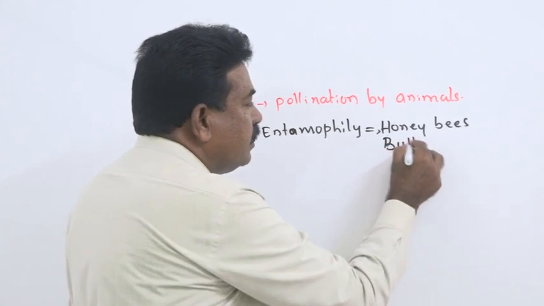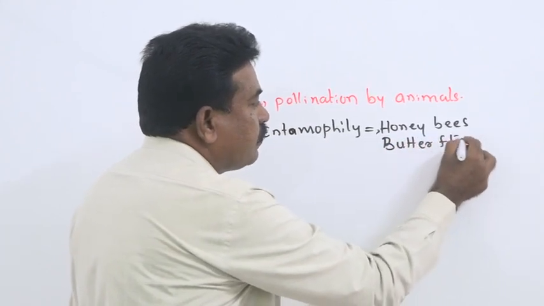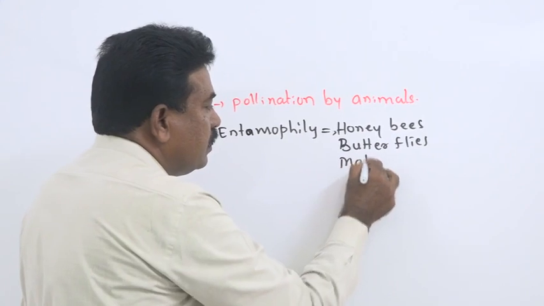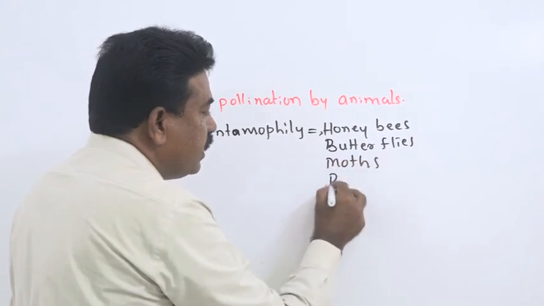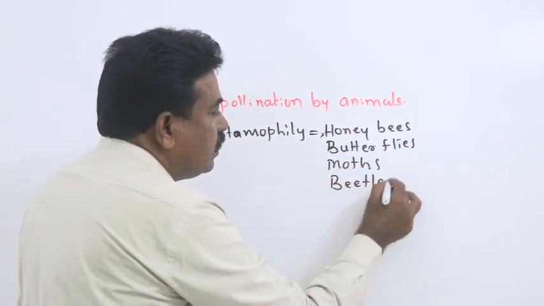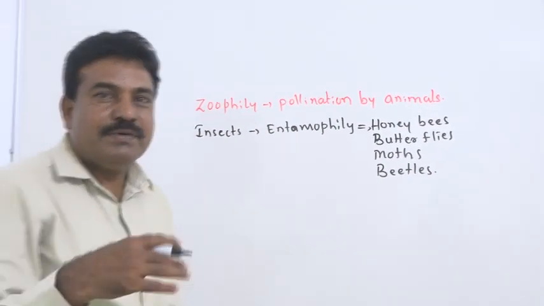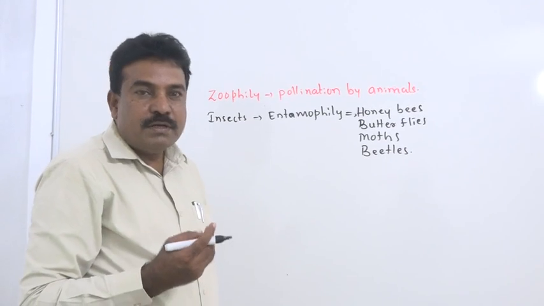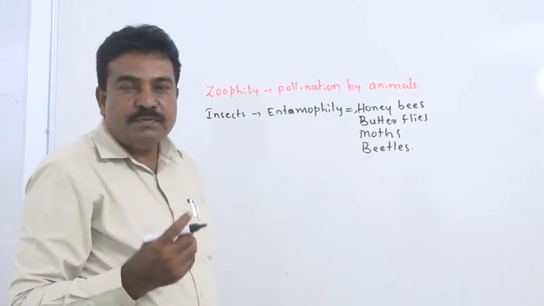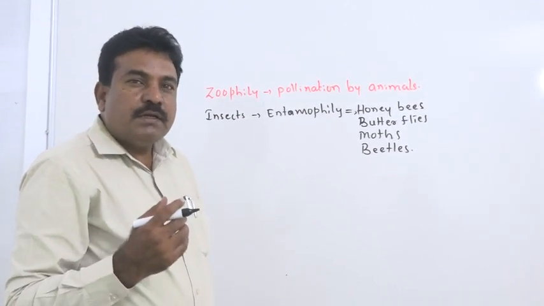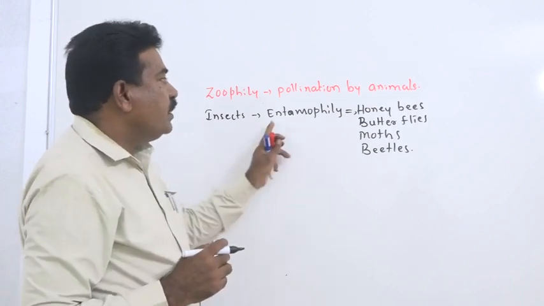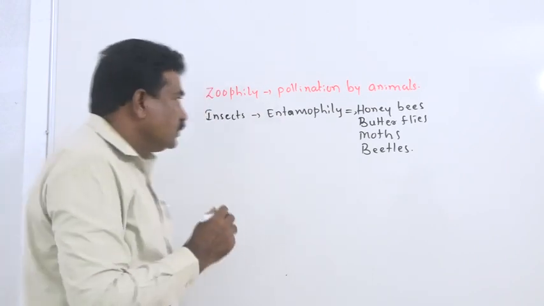Other than that, butterflies, moths, then beetles. These are the common insects. At the same time, there are plenty of other insects. For example, mosquitoes, house flies, fruit flies. Then other insects, they may not carry out entomophily at all.